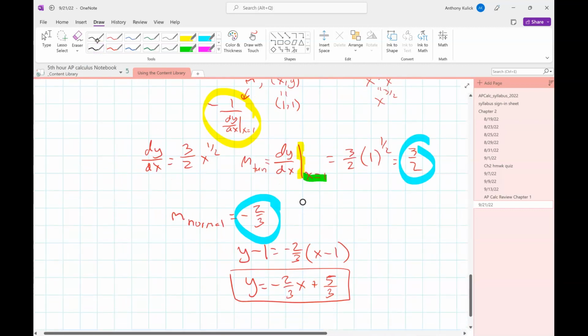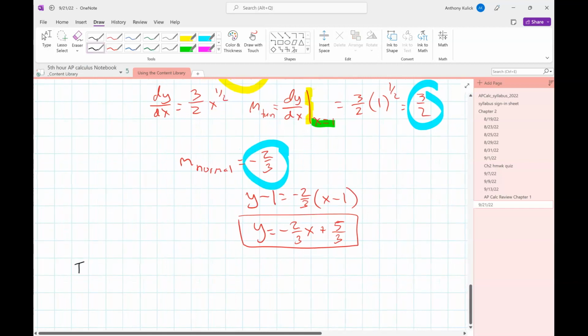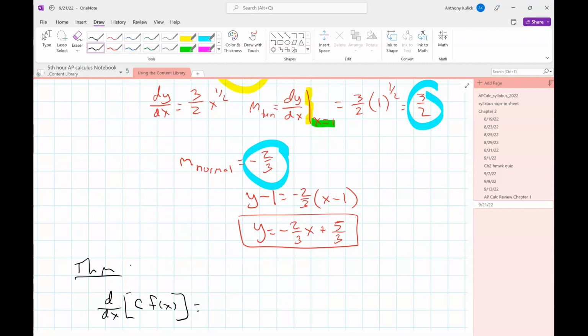Here we go, some more theorem time now. Here's one that's super helpful. Assuming that c is just some real number and f is differentiable, then the derivative of c times f of x is just c times the derivative of f of x.